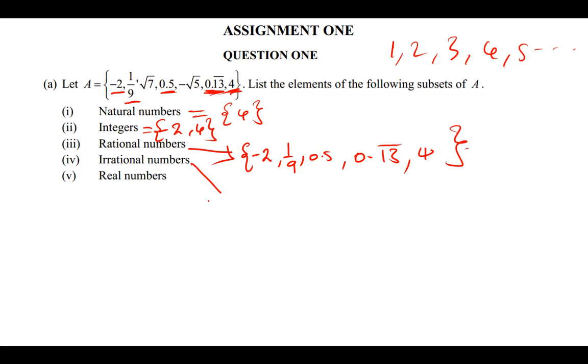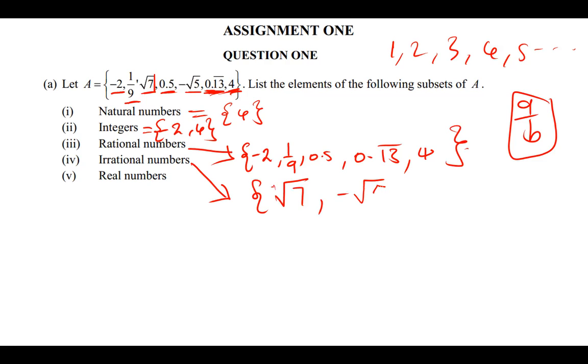And then irrational numbers are just the opposite of rational numbers: numbers that can't be expressed in the form A over B. So in this case, we have the square root of 7 and negative the root of 5. And then we have real numbers.